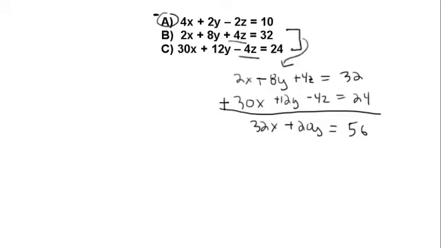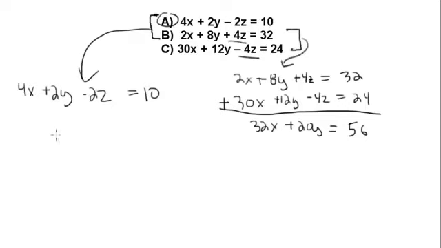Okay, so I'm going to pair a and b together. You could have gone a and c, but again, we're targeting z. We're trying to get rid of z by reproducing what we did before. We've got equation a, 4x plus 2y minus 2z equals 10.